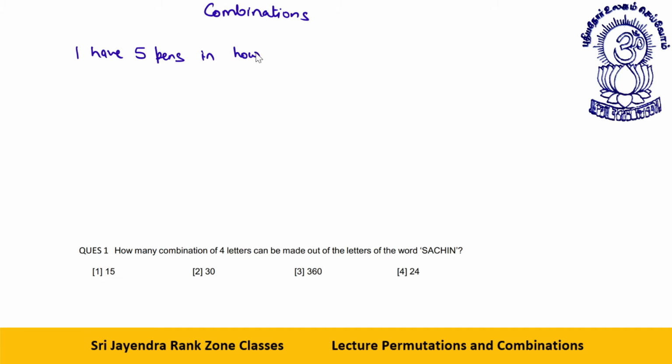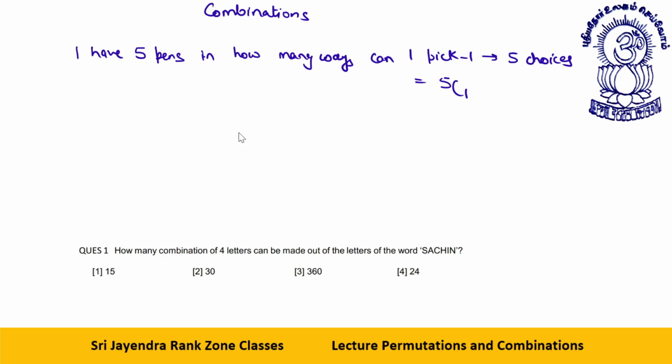In how many ways can I pick one? Obviously, I have 5 choices. This is called 5C1.